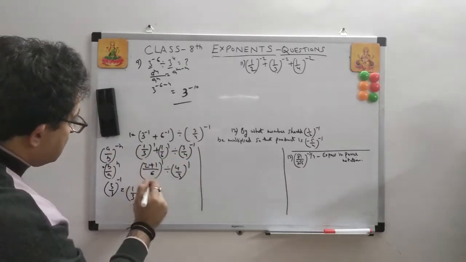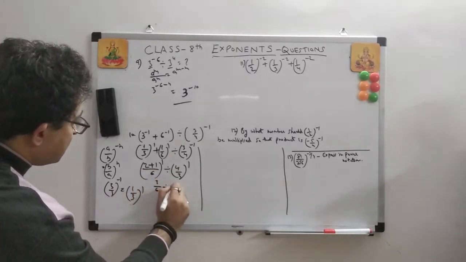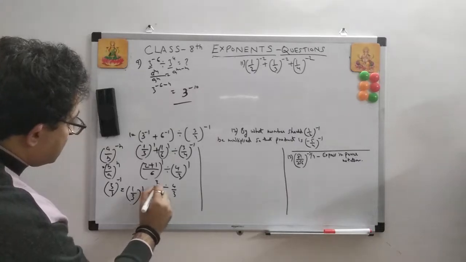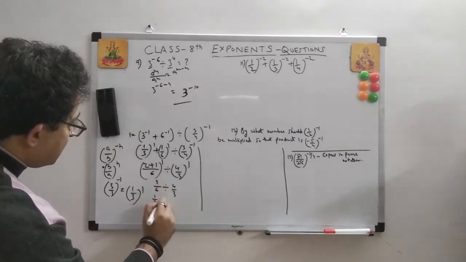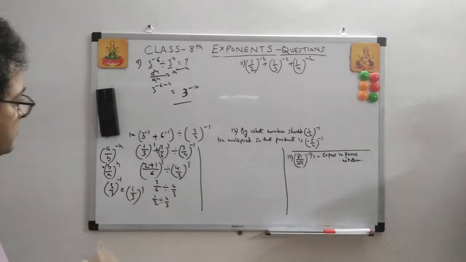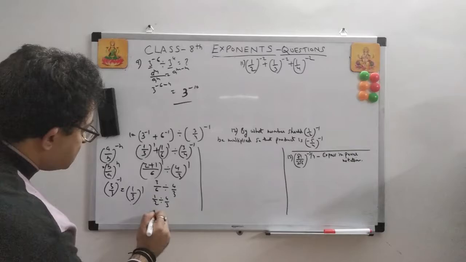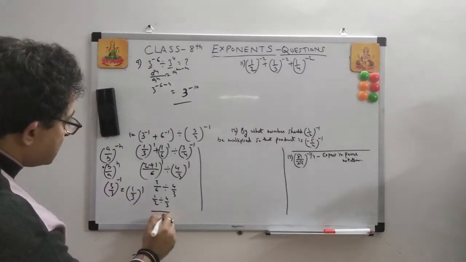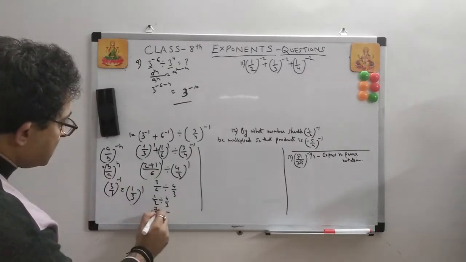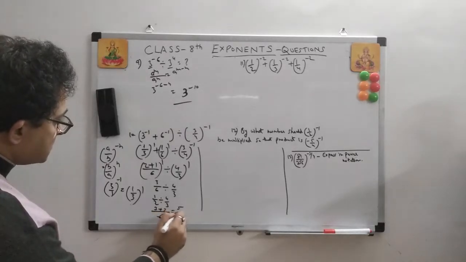So this becomes 3 by 6 divided by 4 by 3. Now you can put this as half divided by 4 by 3. Okay. LCM is 6, 3 plus 2, 5 by 6 is the answer.